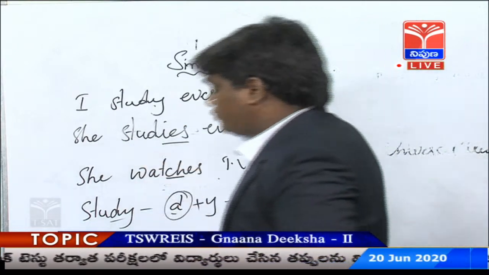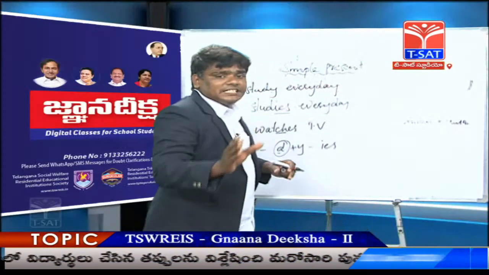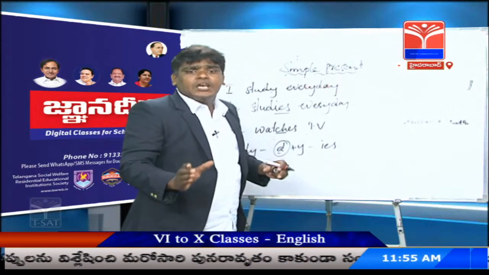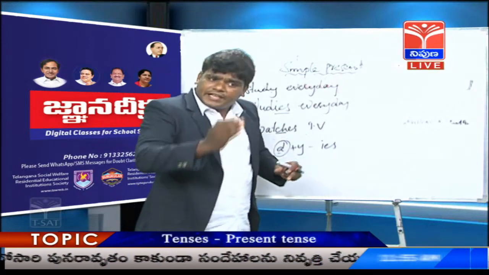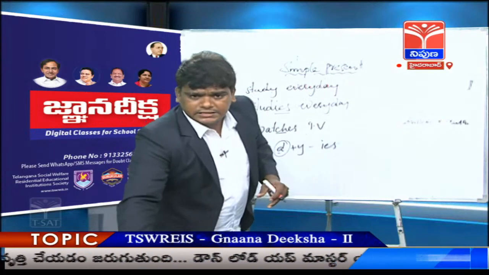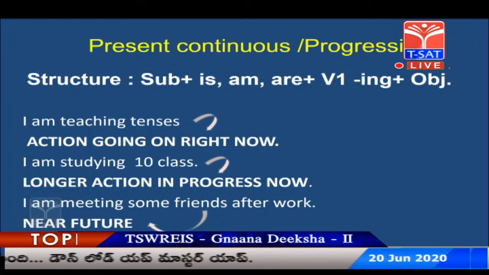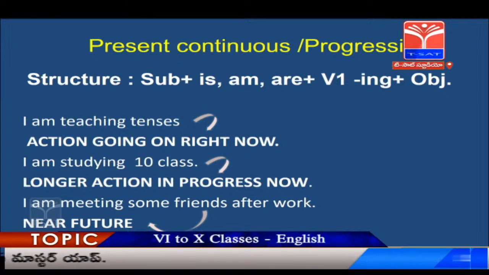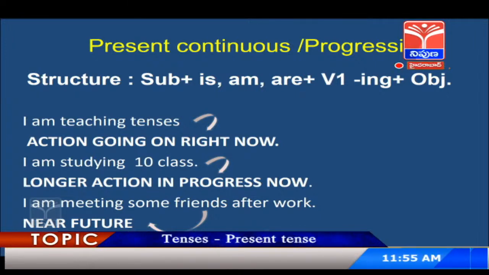So make sure that when you are making use of third person singulars, we need to add s or es or ies to the base form of the verb. The next, present continuous, or present progressive we can say.